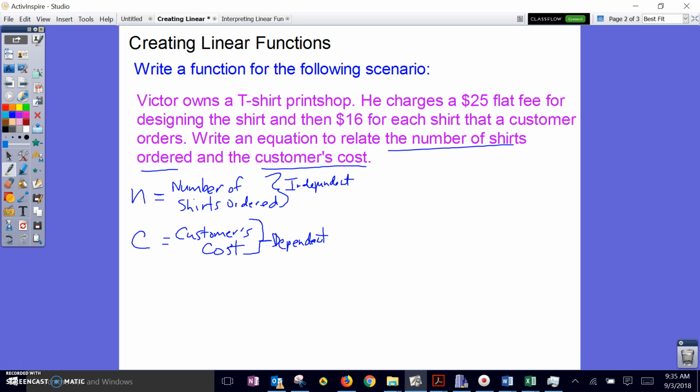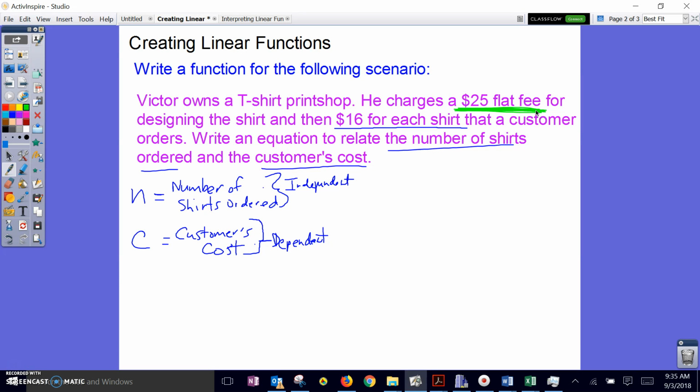If you read through the problem, it says $16 for each shirt. Okay? So that's going to go into our function. And then the other thing we need to know is the value of the dependent variable when the independent variable is 0. What is the cost when the number of shirts ordered is 0? And that's related to this flat fee right here.